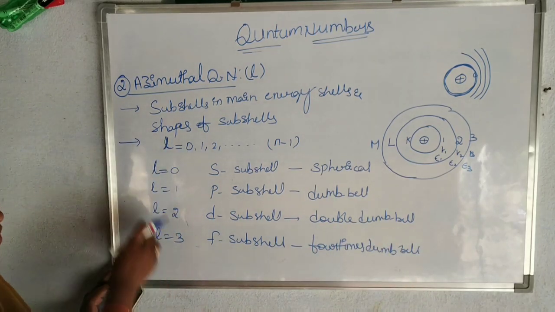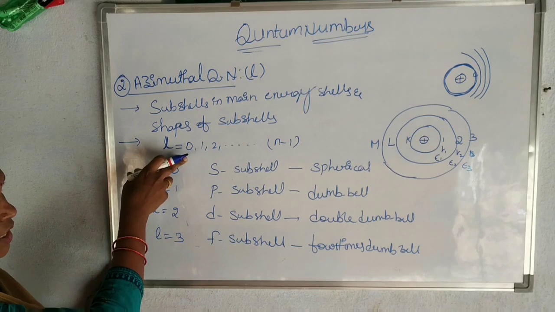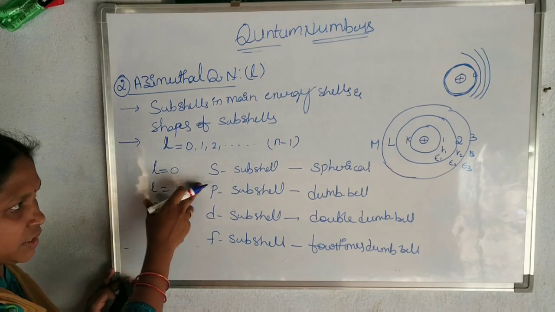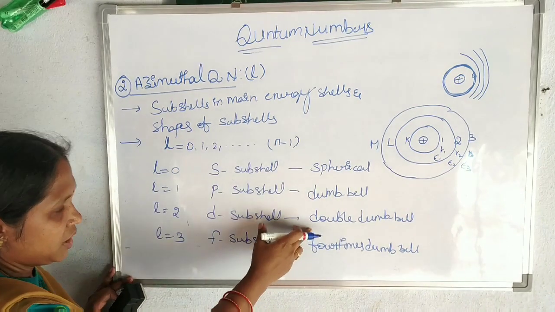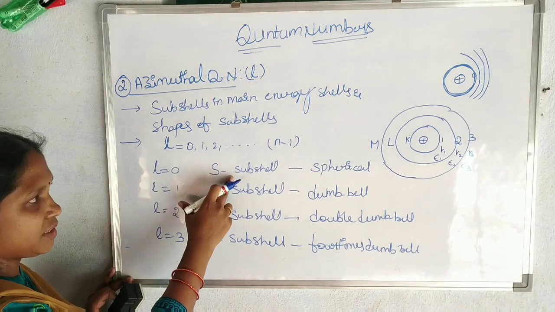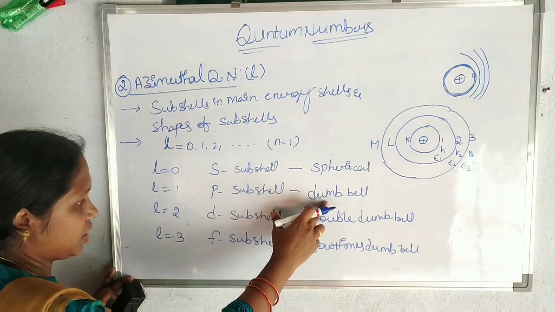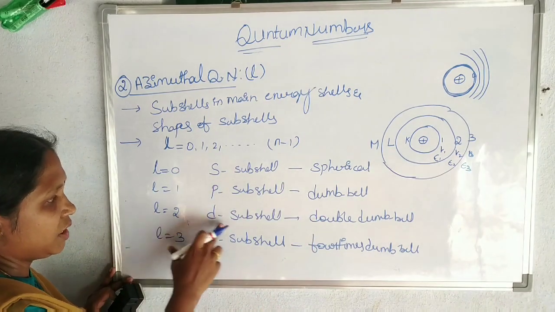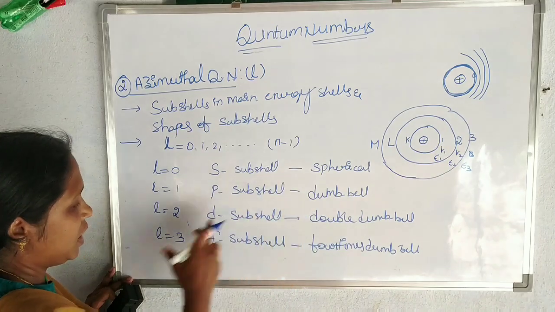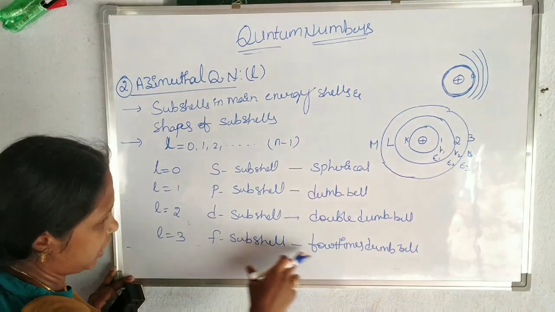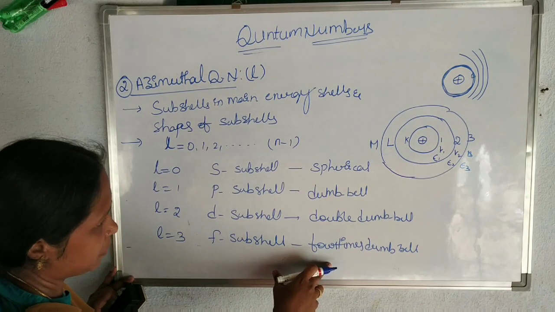Okay, this is a representation of the values of L, the subshells, and the shapes of subshells. If L equal to 0, that is an S subshell, spherical. If L equal to 1, P subshell, dumbbell shape. If L equal to 2, D subshell, double dumbbell. And L equal to 3, F subshell, that is a four times dumbbell.